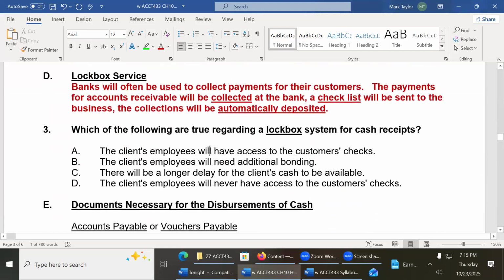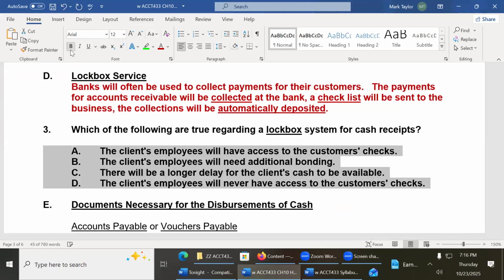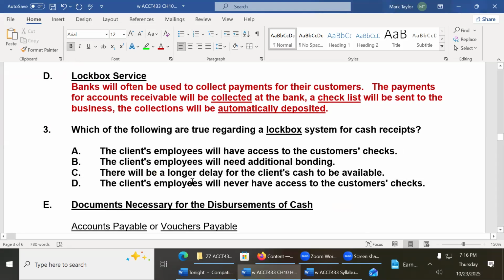Okay, which of the following is true regarding the lockbox for receipts? It's B. The client's employees will never have access to the checks.